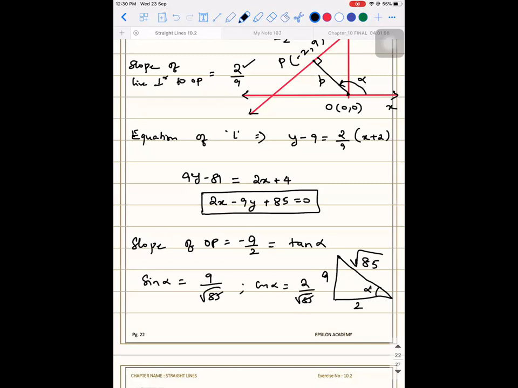Second quadrant, where tan alpha is negative. So out of sine and cos, which one will be negative? Cos. Are you able to understand this point?